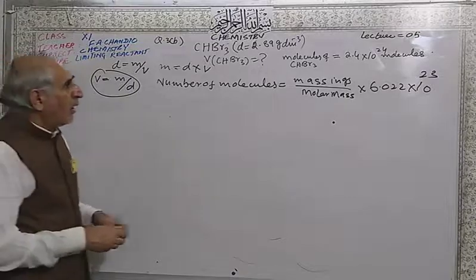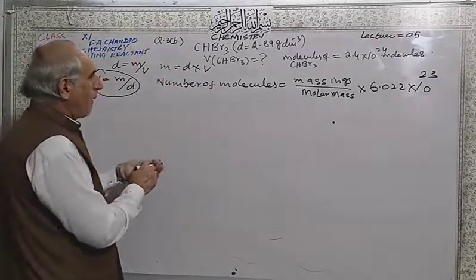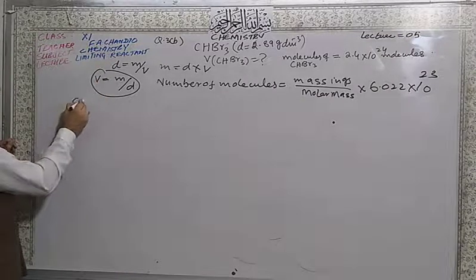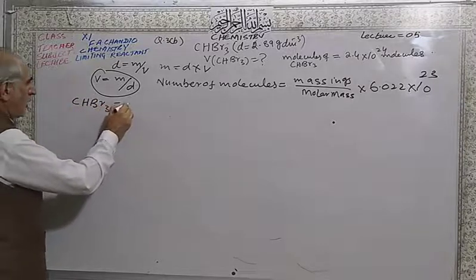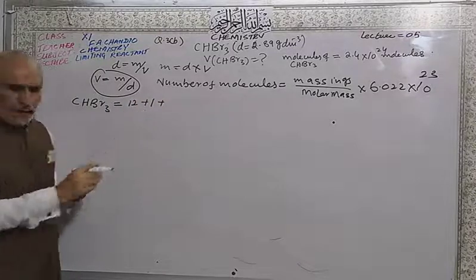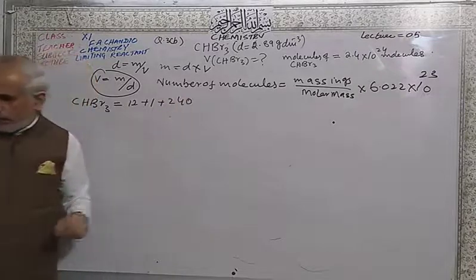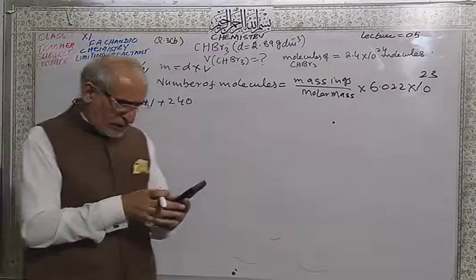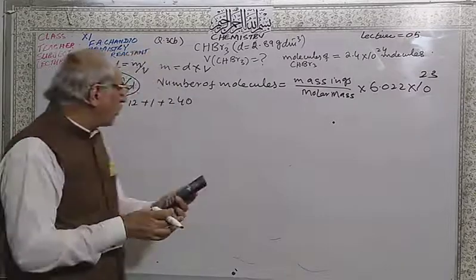So for CHBr3, carbon is 12, hydrogen is 1, and bromine is 80, so 80 multiplied by 3 gives 240.